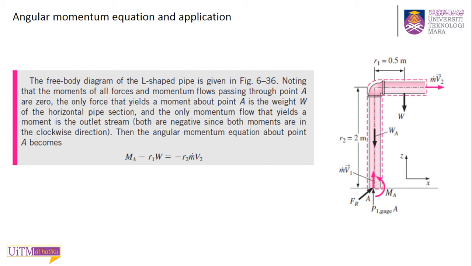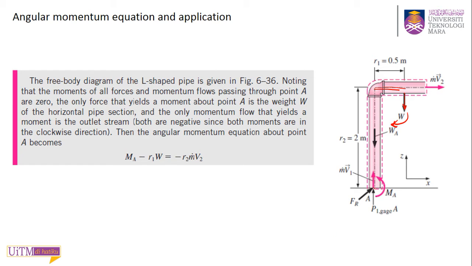Next, the free body diagram of the L shape is given in 6.36, noting that the moments of all forces and momentum flows passing through point A are 0. The only force that yields a moment about point A is the weight W of the horizontal part. So this is the horizontal part, and it will create a moment, clockwise.